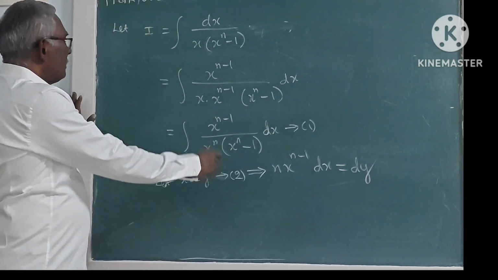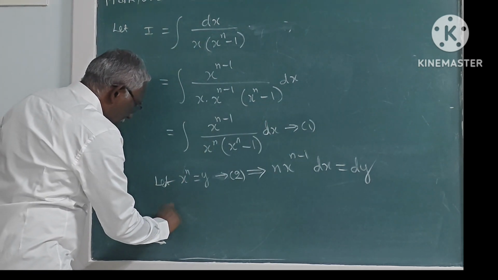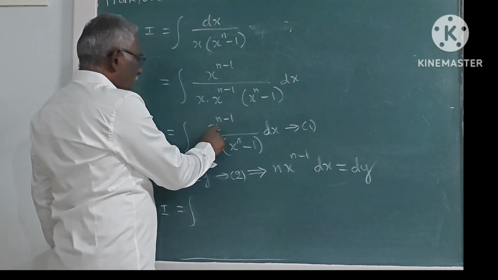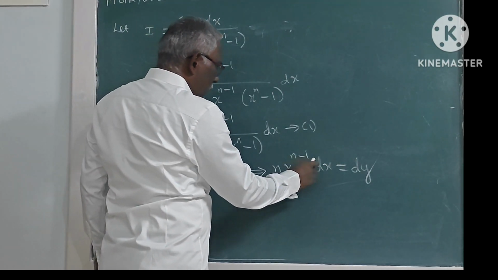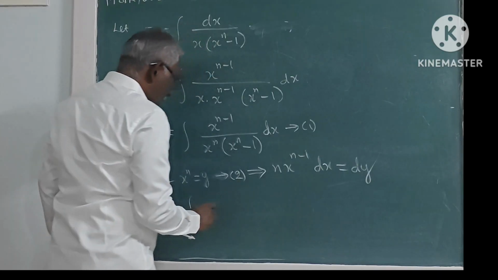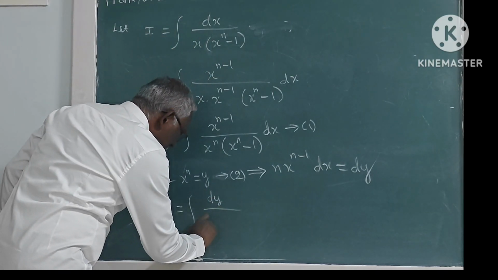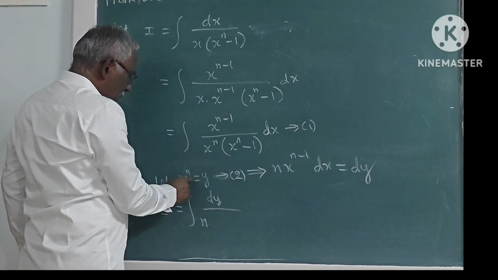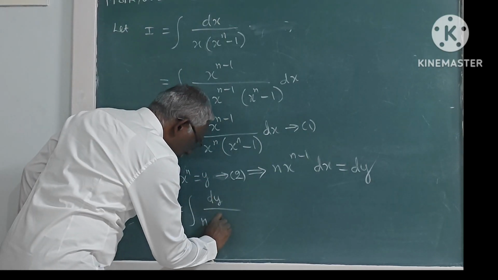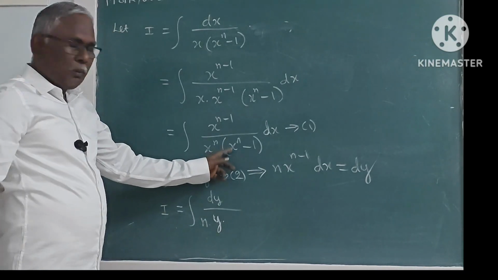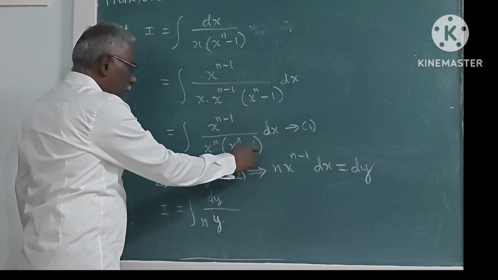Therefore, I is equal to integral x power n minus 1 dx, and x power n minus 1 dx is dy by n. So, dy by n, x power n we have taken as y, then x power n minus 1 is y minus 1.